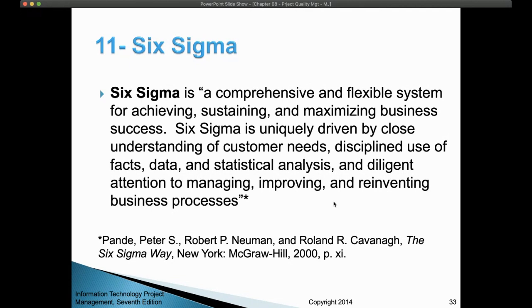So the aim is to have a comprehensive, flexible system for achieving, sustaining, and maximizing business success. So it links your business success to the process of producing.